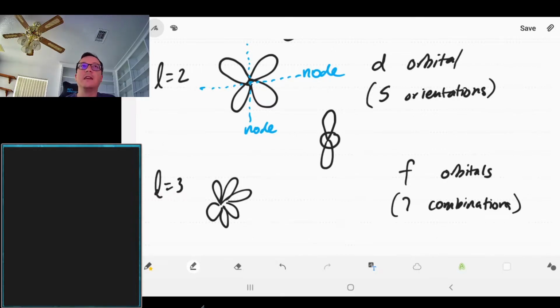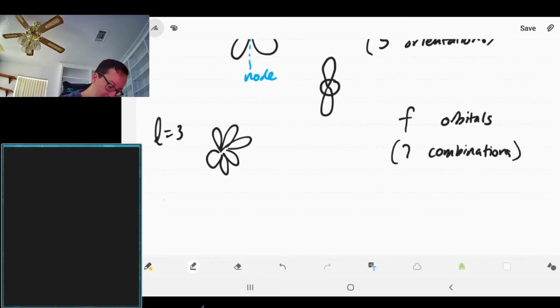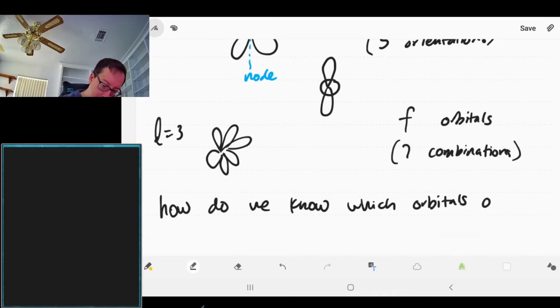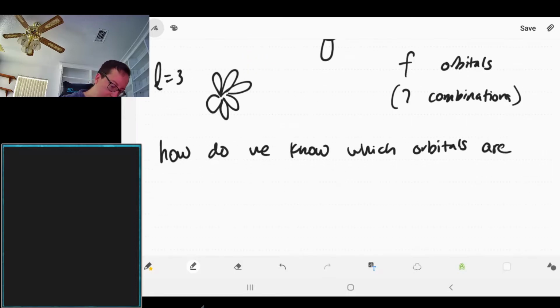And we're going to be able to predict which electrons are going to occupy which orbitals. That's going to be the big part of this chapter: how do we know which orbitals are occupied by which electrons.